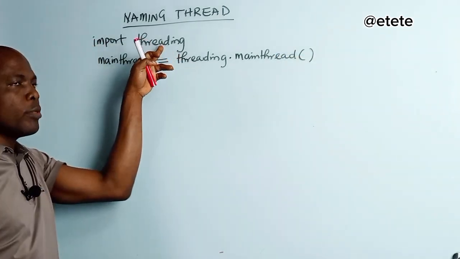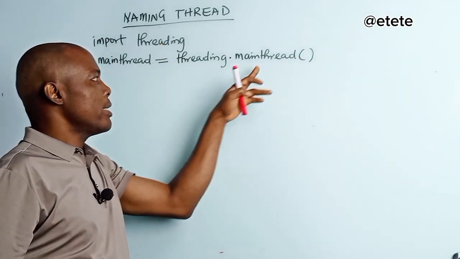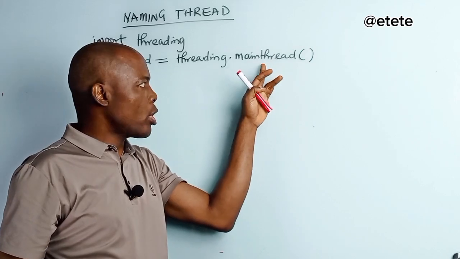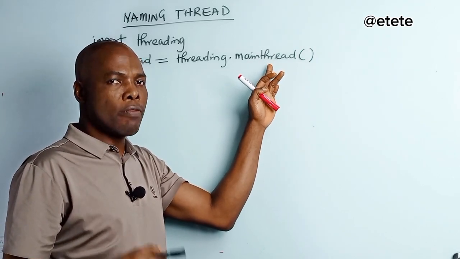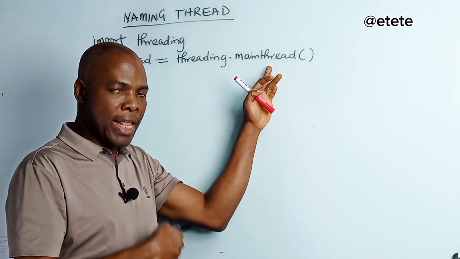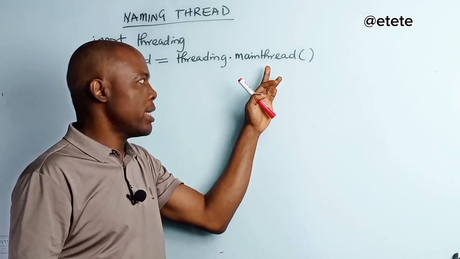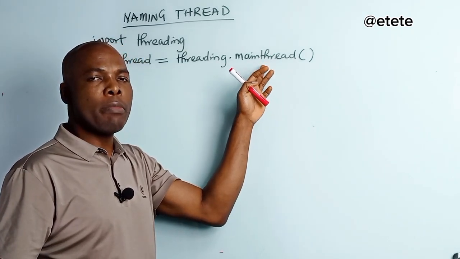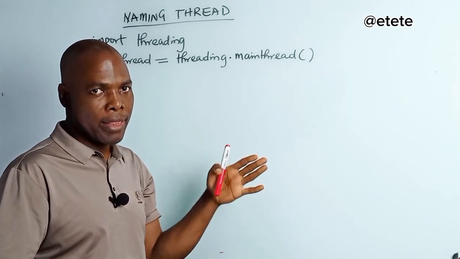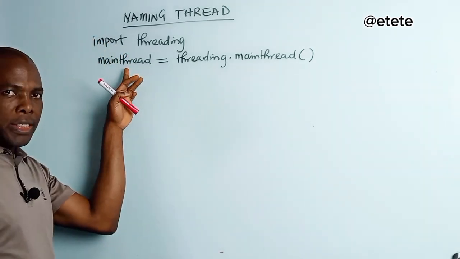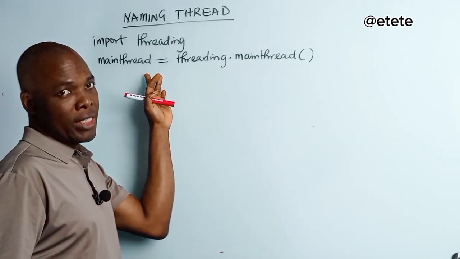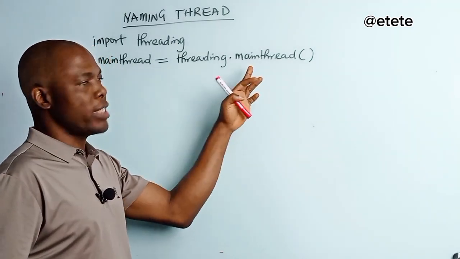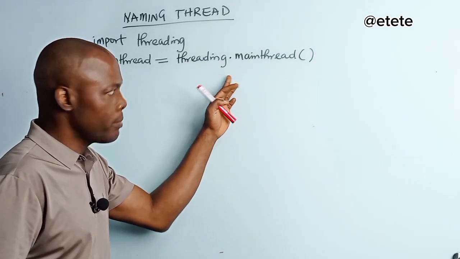Inside this threading module, right, there is a method called main_thread. So this method is going to return the name of the main thread, which you saw in the last class as what? MainThread. But I want to change this name from MainThread to what? To Man. So I'm creating a reference variable, which is like an object that is used to instantiate this class.